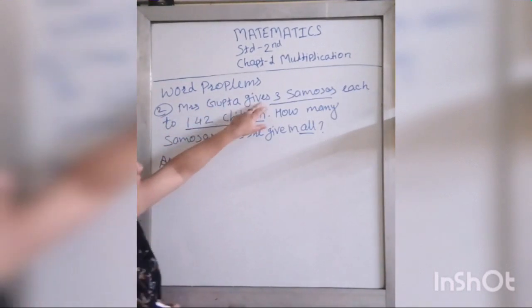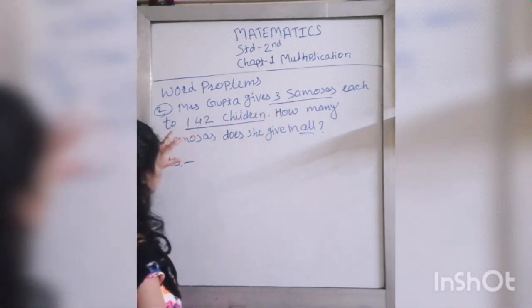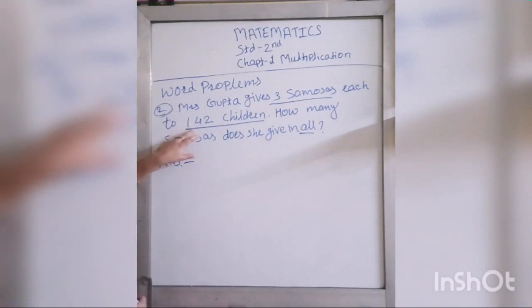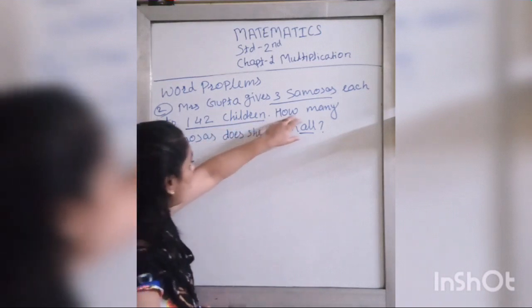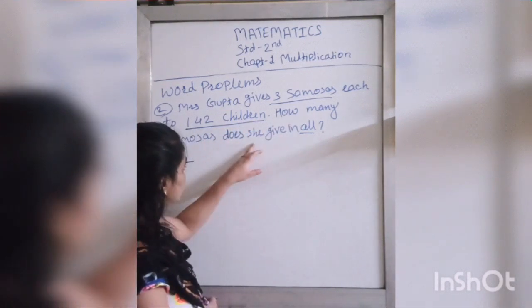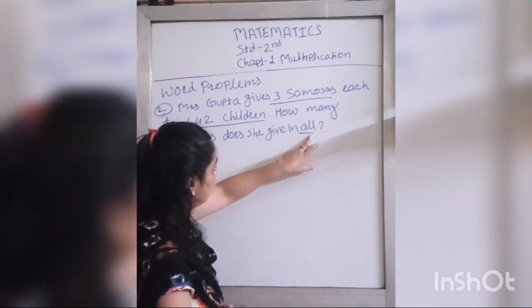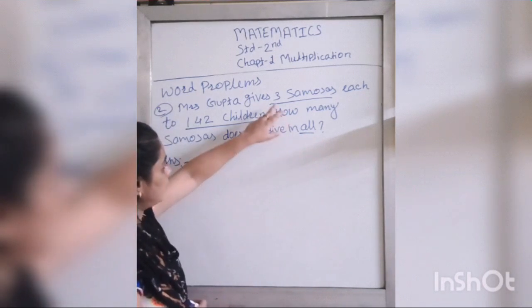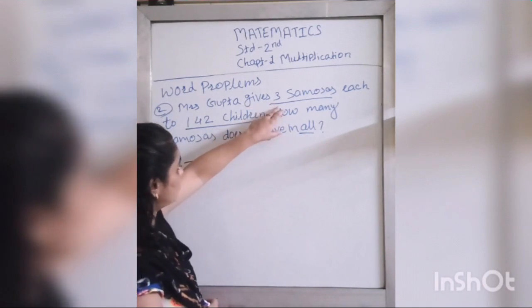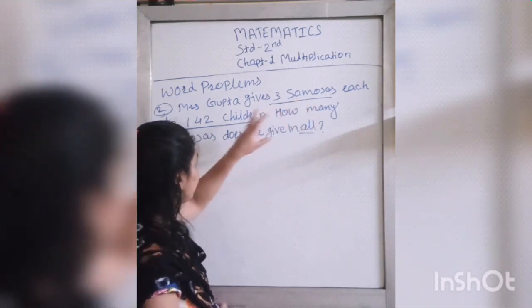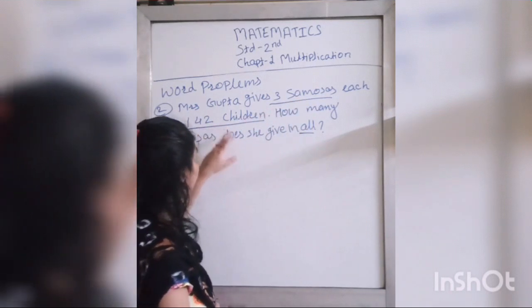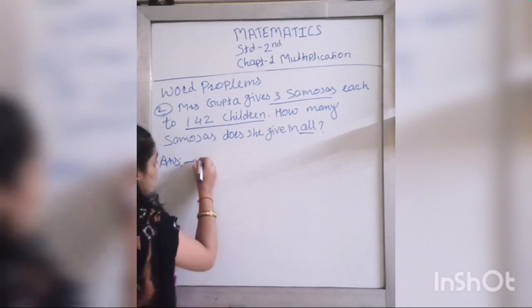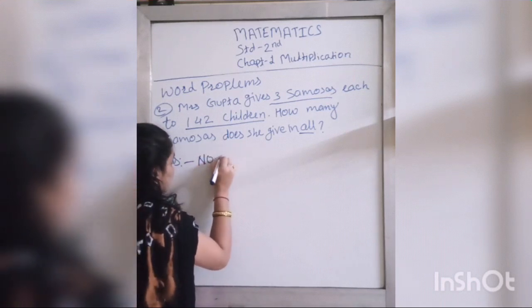See the next one. Mrs. Gupta gives 3 samosas each to the 142 children. How many samosas does she give in all? What information is given here? She gives how many samosas? 3 samosas. What is the total number of children? 142. So firstly, what will we write here?